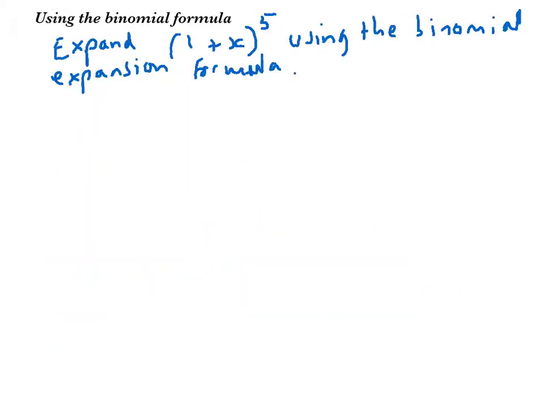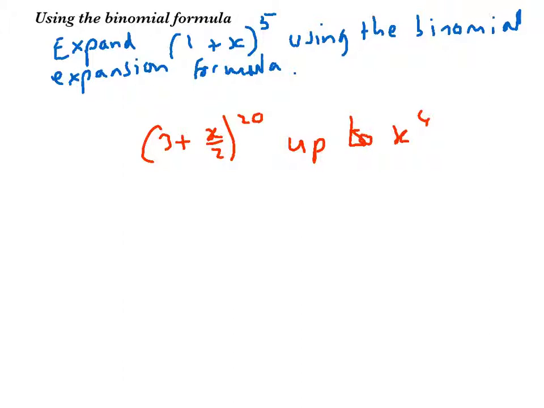Okay, so here's an easy example to start with. The question is saying expand 1 plus x all to the power of 5 using the binomial formula. This is easy. We could use Pascal's triangle if we wanted to, letting a be 1 and b be x. But let's use this binomial expansion formula. Because remember, normally questions will ask you to expand, for example, 3 plus x over 2 to the power of 20, but they would always say up to, say, the x to the power of 4 term.